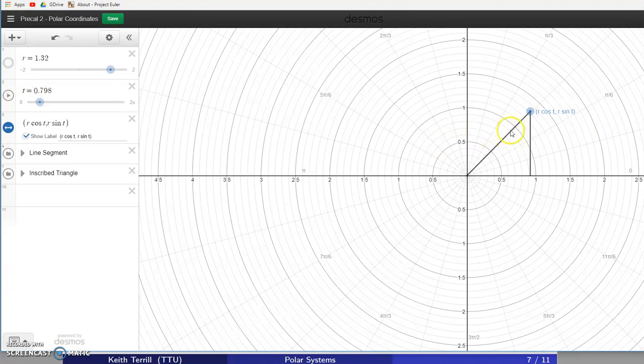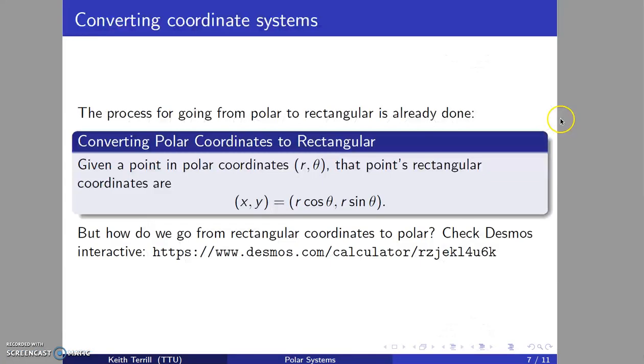The hypotenuse is r, the angle here is theta. Cosine is this length over r, so this length is r cosine theta. Similarly, the height of this triangle is r sine theta. So yeah, that's the easy way. That's done. We can take care of that just like that.